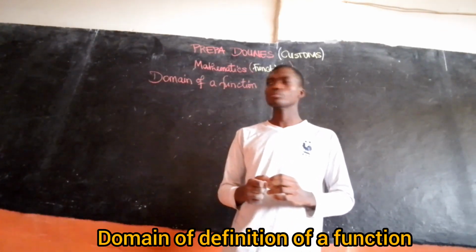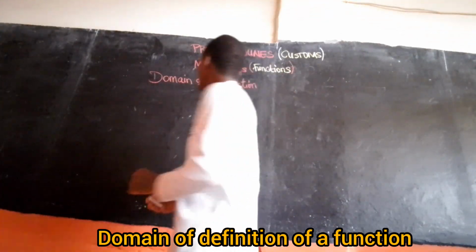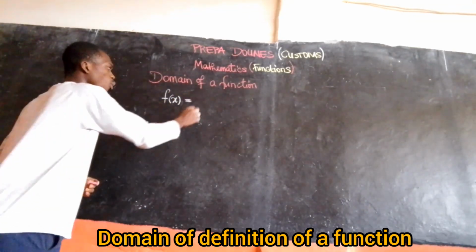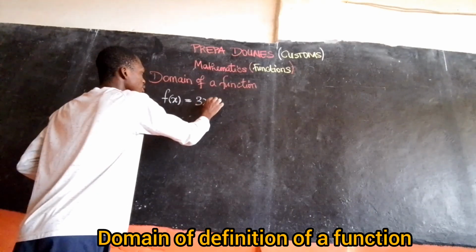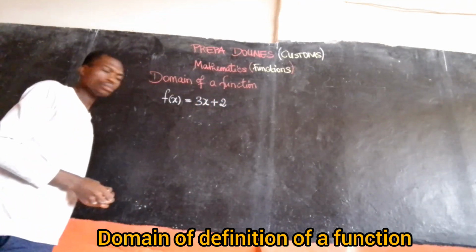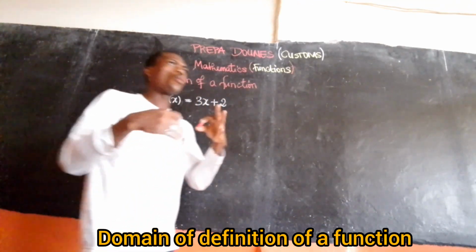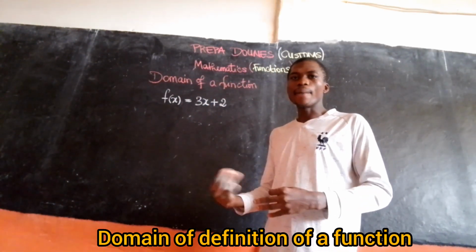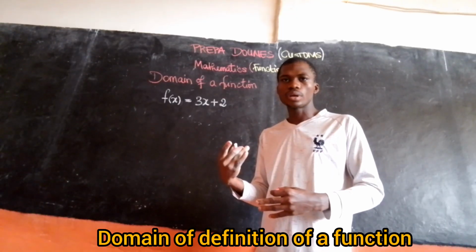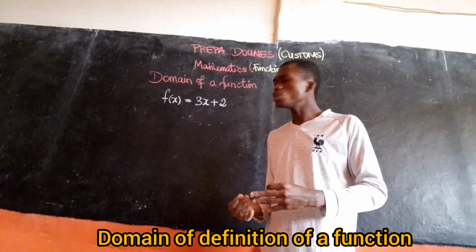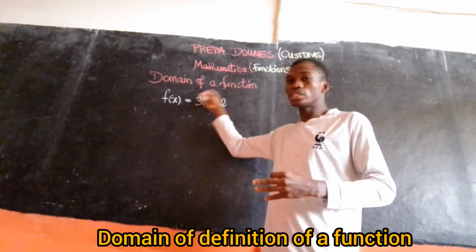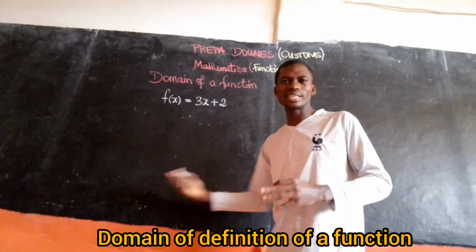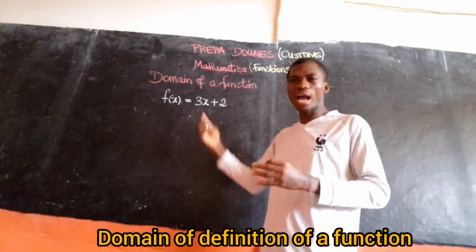So now, I'm going to take, for example, the function f of x to be equal to 3x plus 2. Now, when I am asking myself, what is the domain of this function, I am indirectly thinking, what are the values of x for which this function is valid, for which this function is existing, for which this function can have a value.